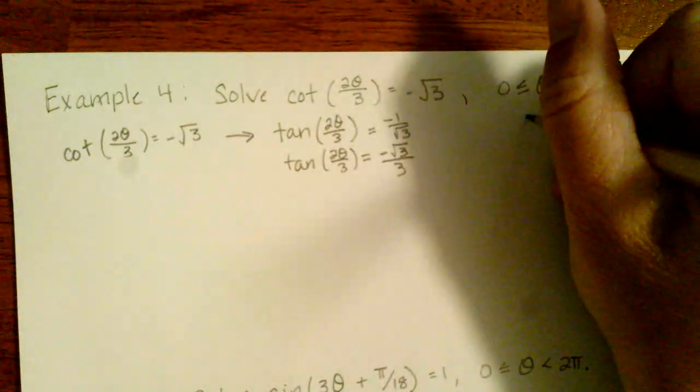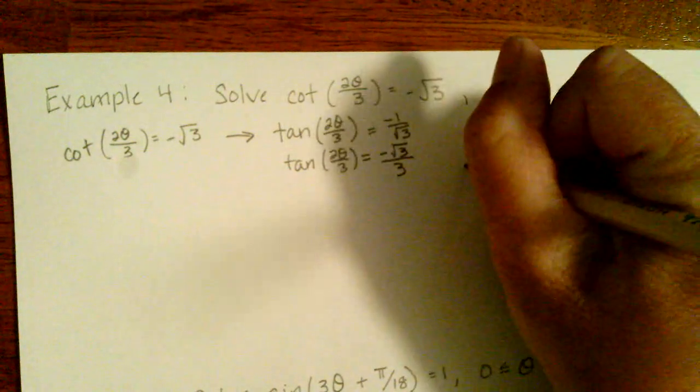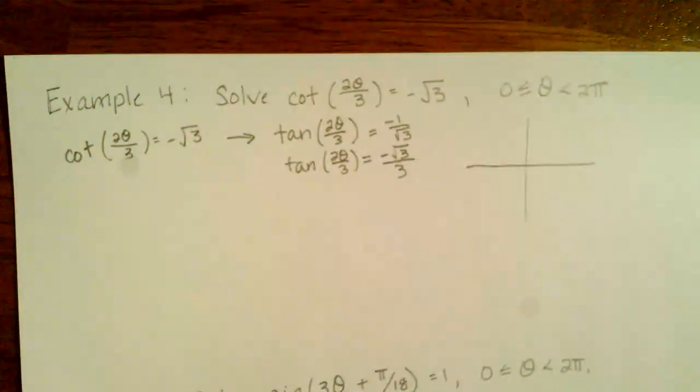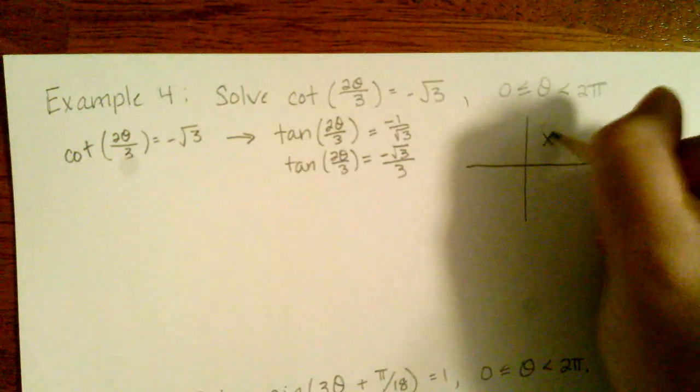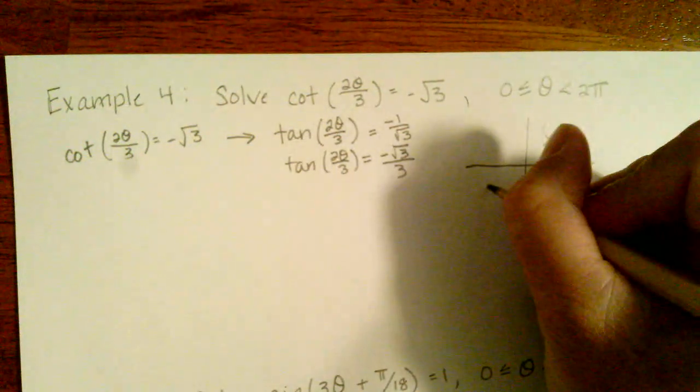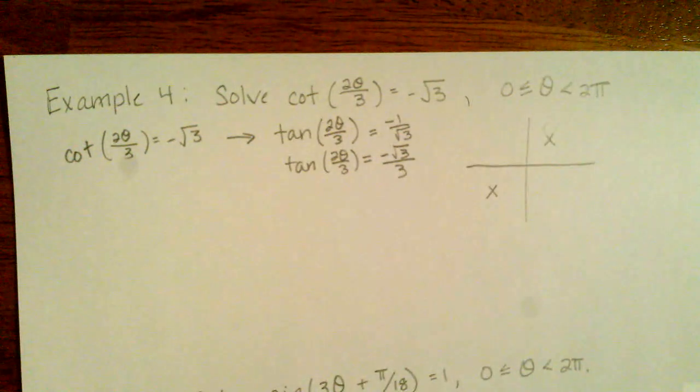Okay, so looking at my unit circle, I'm looking where the tangent is negative. It's not negative in the first quadrant. It's not negative in the third quadrant.